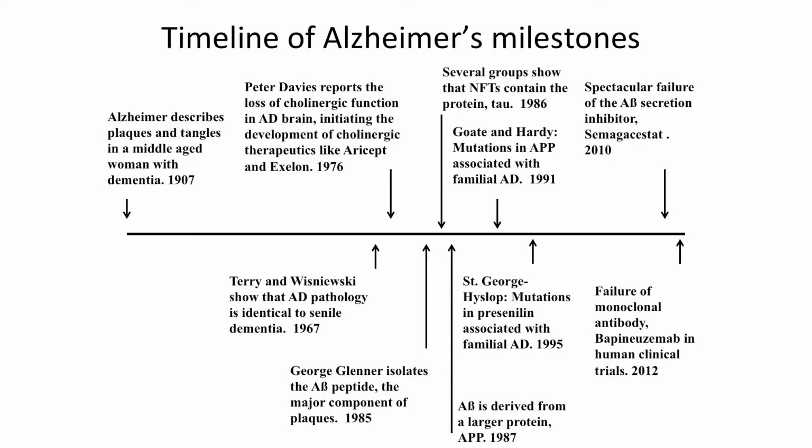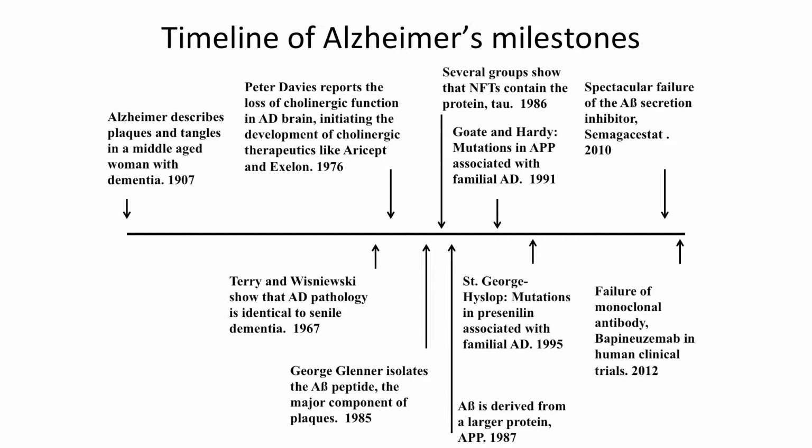So nobody could ever isolate the A-beta peptide from Alzheimer's disease plaques, but they could show that the A-beta peptide that they isolated from the vascular amyloid deposits was immunologically the same as what was being deposited in the plaques in Alzheimer's disease. So this started the molecular biology era because now we knew the identity of the molecules that were accumulating in the lesion.